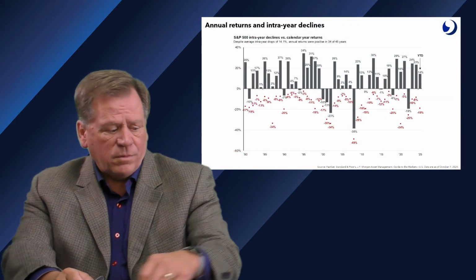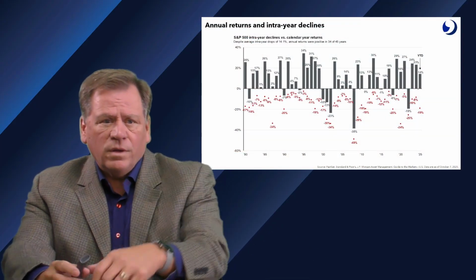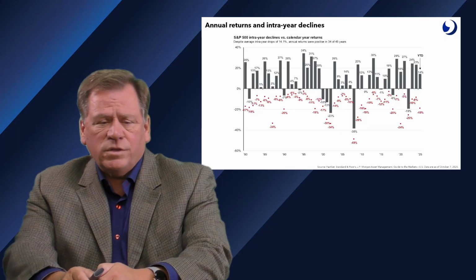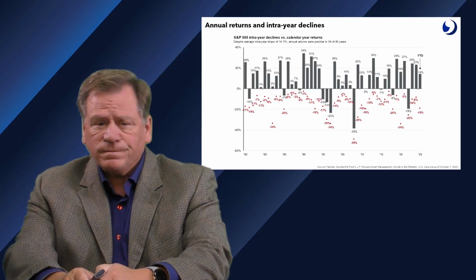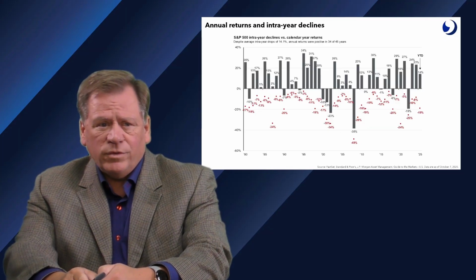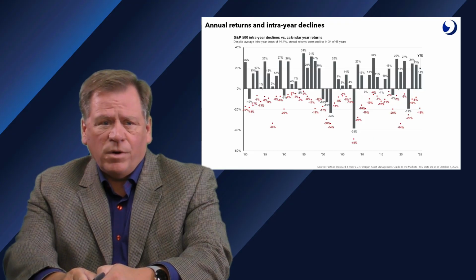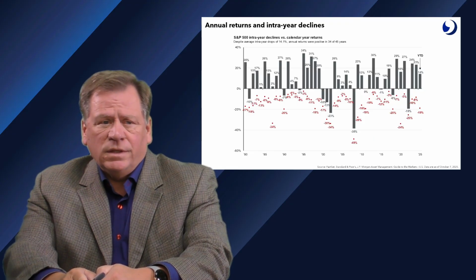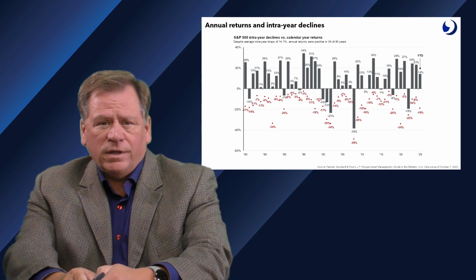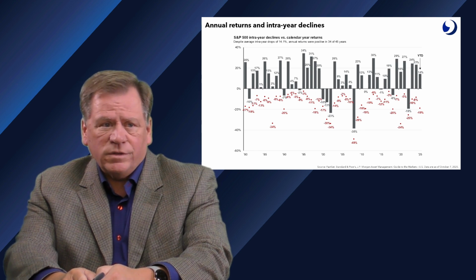Let's talk about performance. And interesting, a lot of people have already forgotten that we had a roughly 20% correction in the market. When you look at this chart, the gray bars are what the market did for the year, how it ended, like 1980, it ended up 26%.